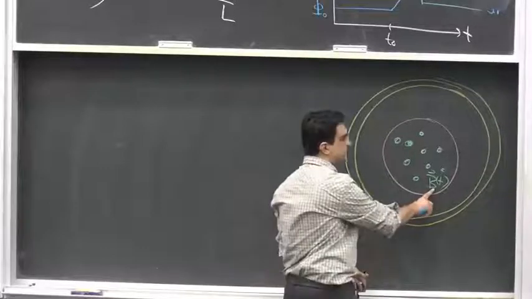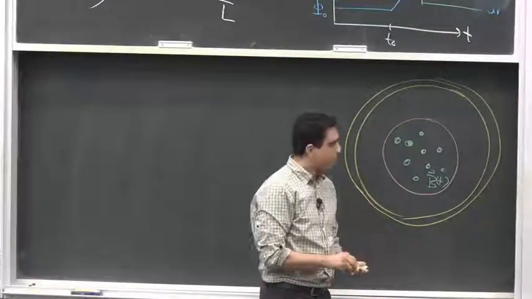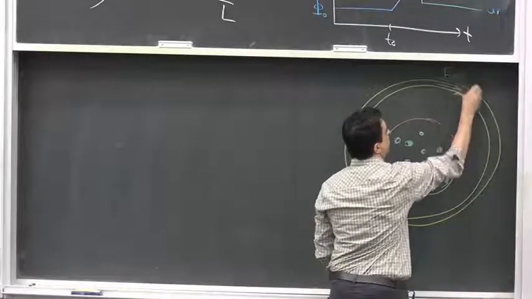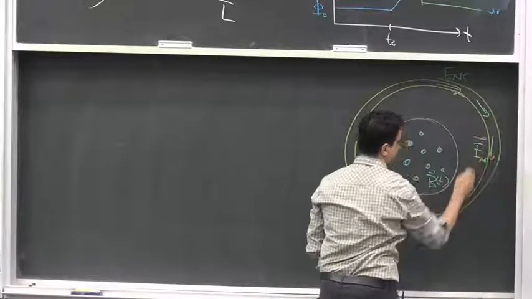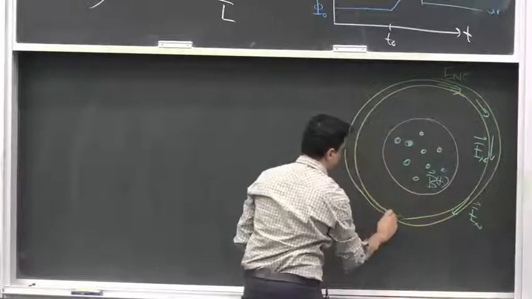So as we said, let's say the B field is increasing, what would be the direction of the NC field? This would be at each point like this.